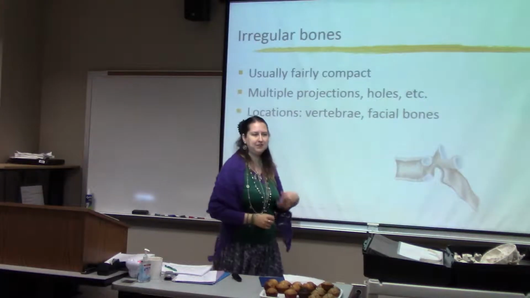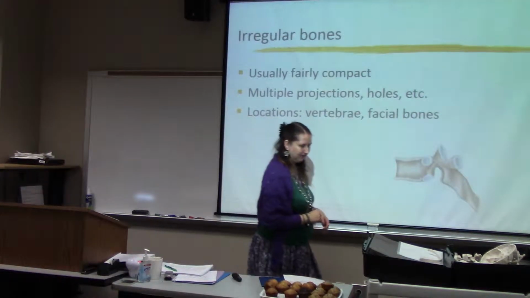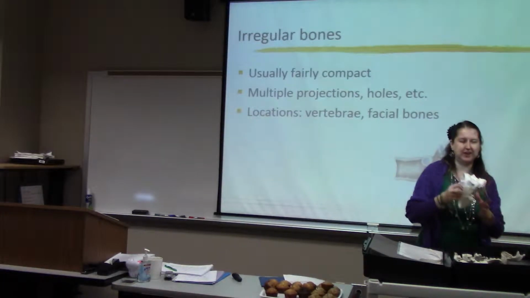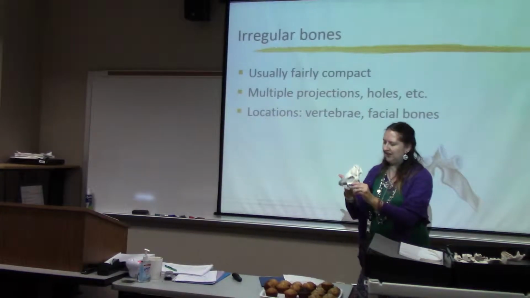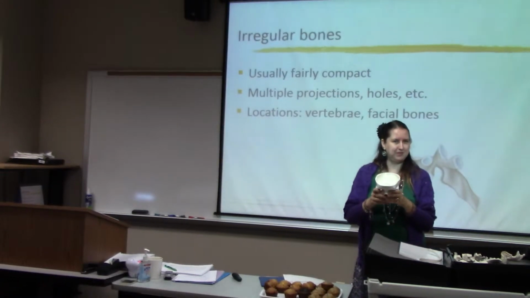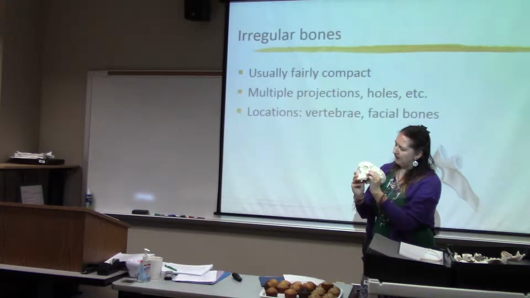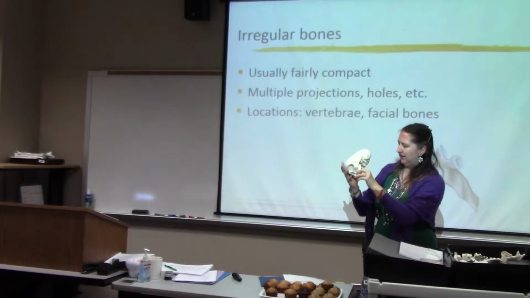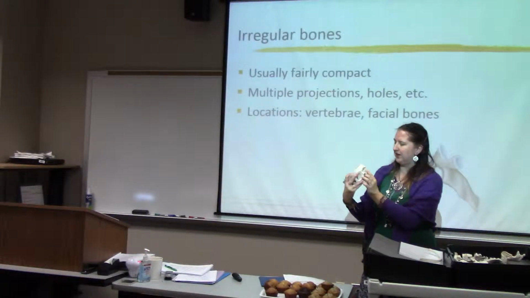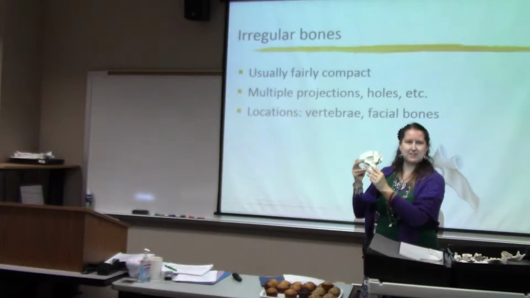Then the last group is irregular bones. The reason I kept the skull up here is most of the facial bones are irregular. You've got zygomatic, maxilla, it's got thicker portions to it, parts that stick up.